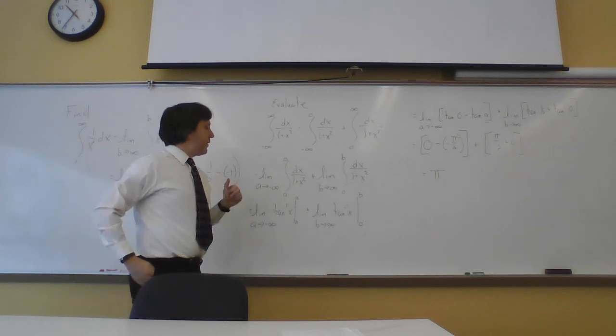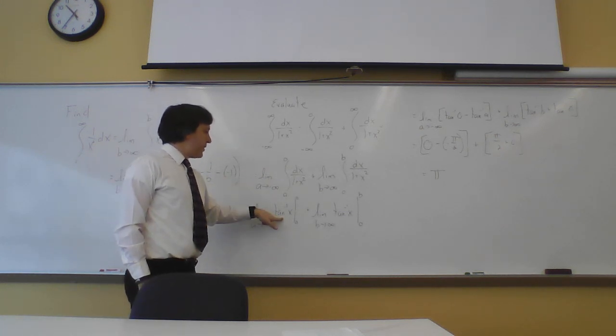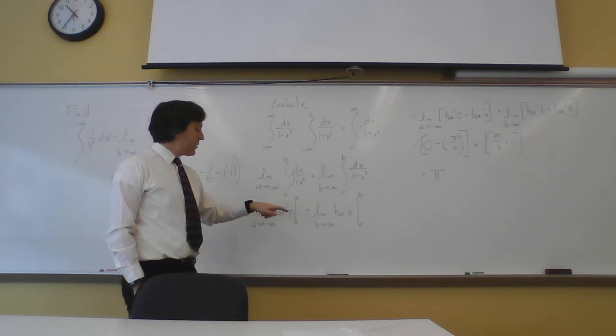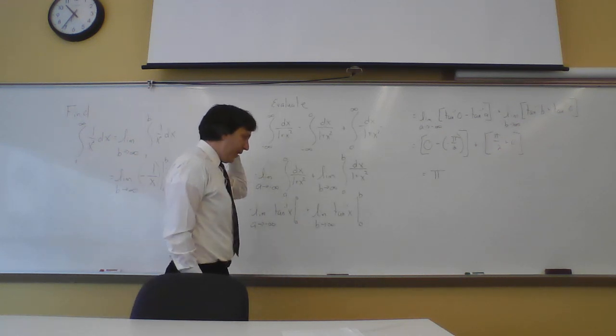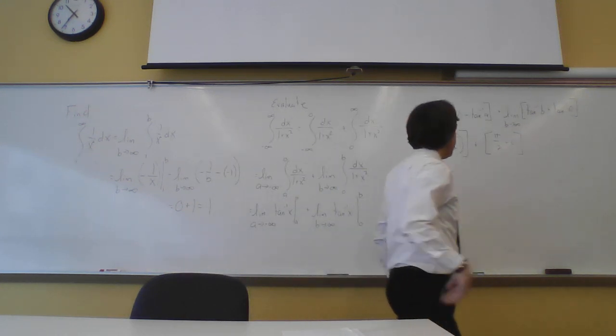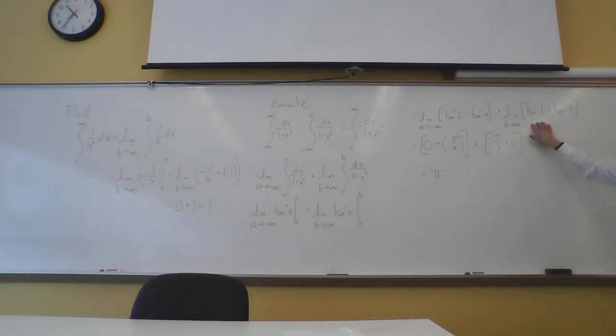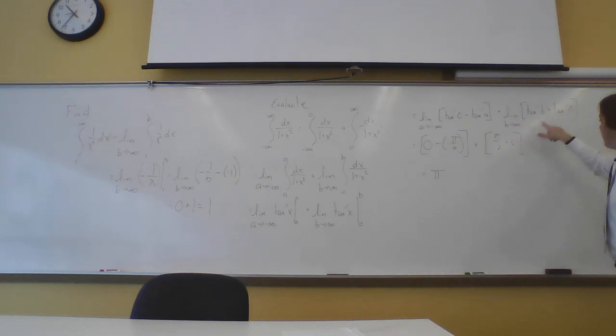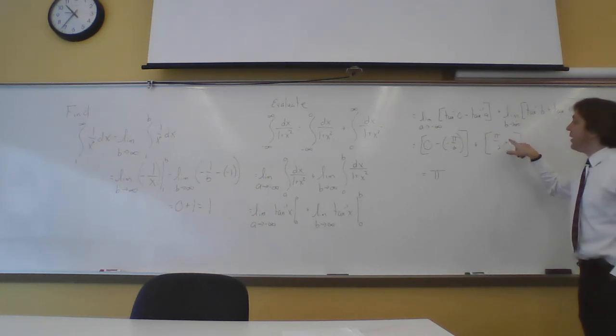So the antiderivative of 1 over 1 plus x squared is tangent inverse of x. So you can see that the limit is a goes to negative infinity of tangent inverse of x from a to 0, and the limit as b goes to infinity from 0 to b. So then I plug in all those values. And then some nice stuff happens. Tangent inverse of 0 is just 0. So both of those pieces turn into 0.